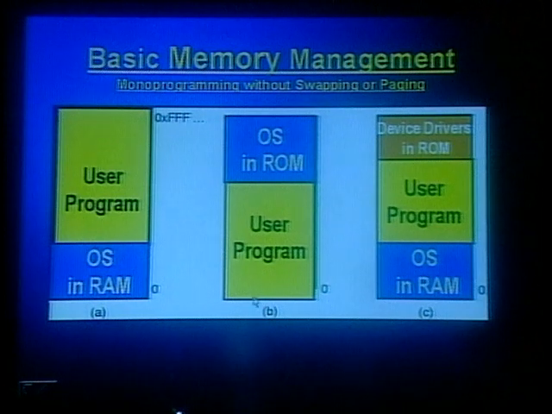Another alternative could be the operating system in ROM, read-only memory, and the remaining memory portion is occupied by the user program. Or yet another variation could be that the operating system is in RAM while the device drivers are in ROM and the user program occupies the rest of the memory.